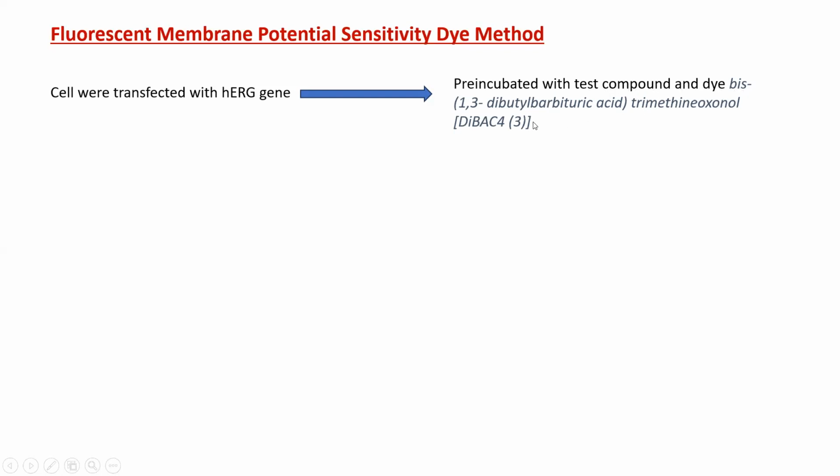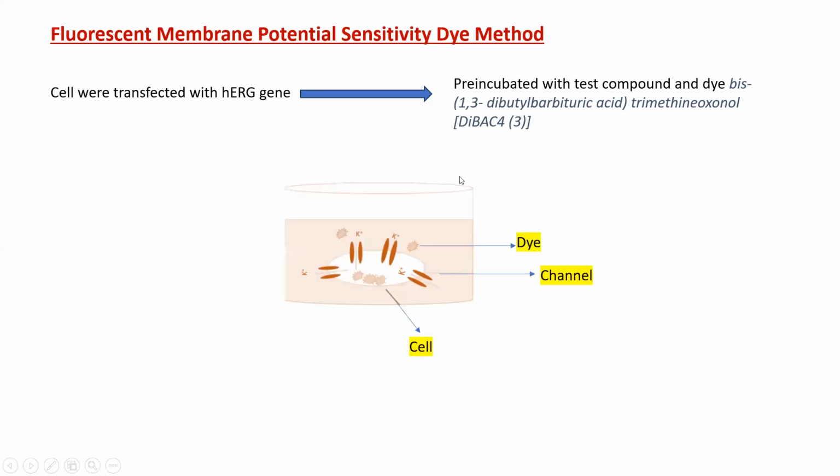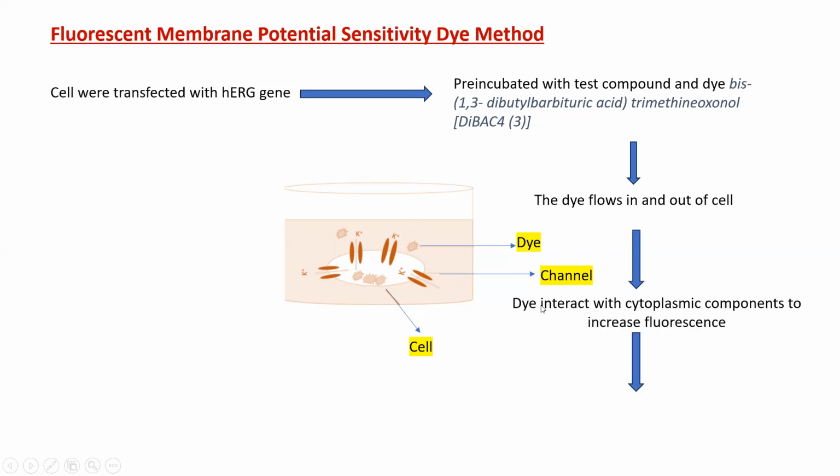Here you can observe in this figure, this is the cell, these are the potassium ion channels, and this is the dye which is added. Once the dye is added, it flows in and out of the cell, and this movement is based on the membrane potential.